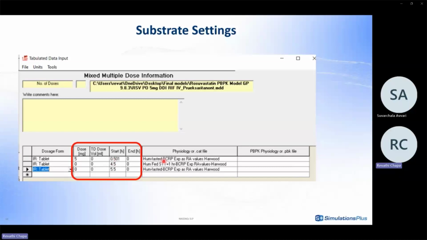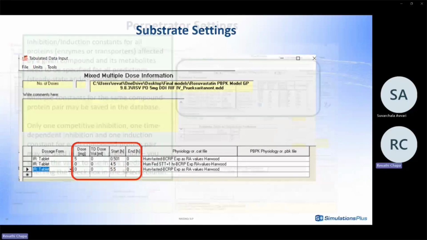So these are the physiologies that we define based on whether it is given in fasted condition or fed condition, and how long it takes to come back to the fasted condition. This is important because this compound has enterohepatic circulation and it contributes to the reabsorption of the drug. So this is how we specify substrate/victim settings.